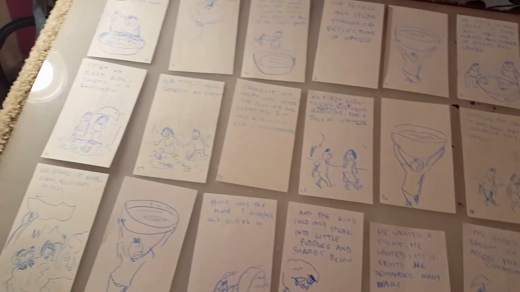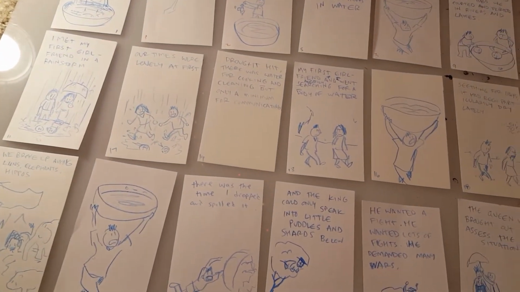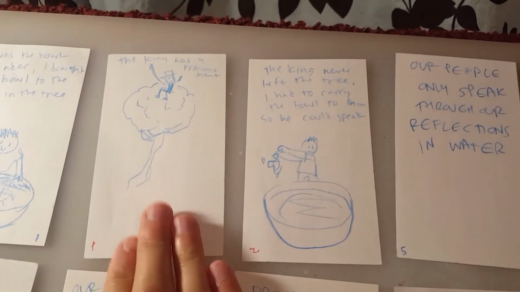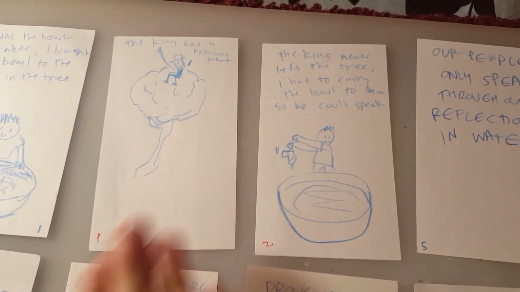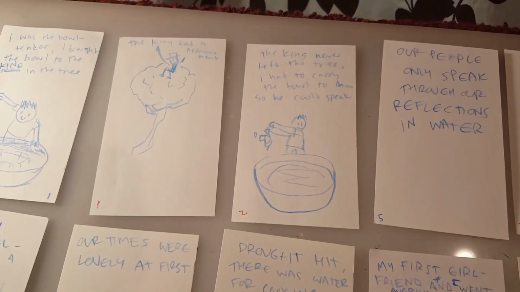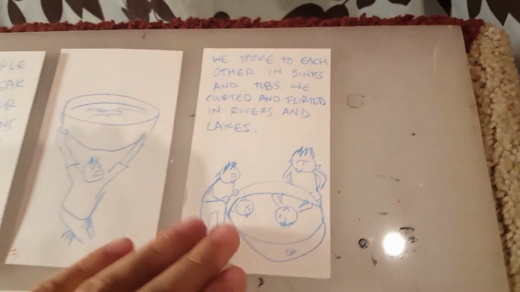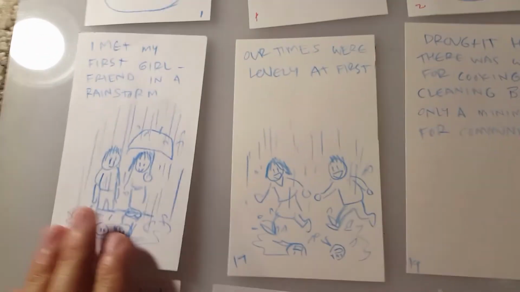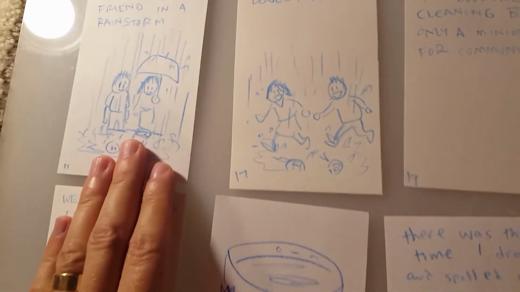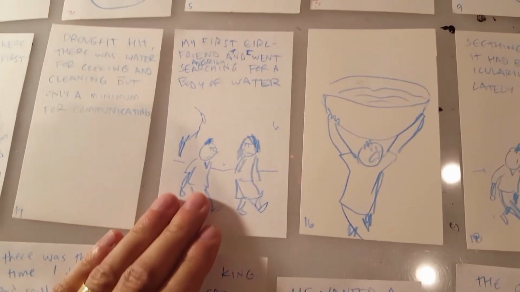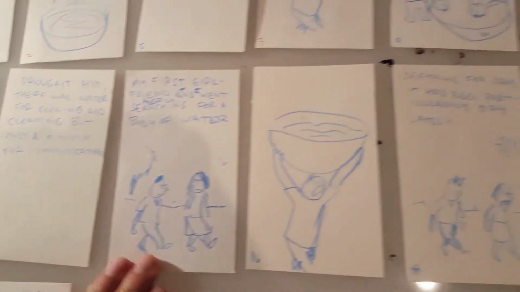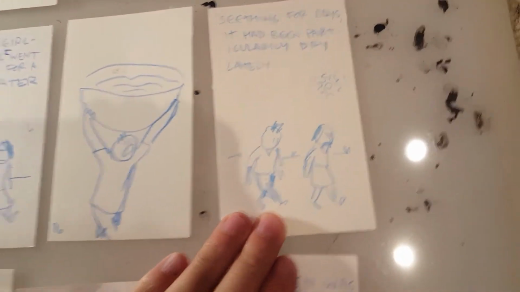And the interesting thing for me is that this story, which I thought started as a story about a sort of king here in a tree, wound up being more about a relationship and a memory. I met my first girlfriend in a rainstorm here, and they had this sort of story, and they had this long walk before breaking up.